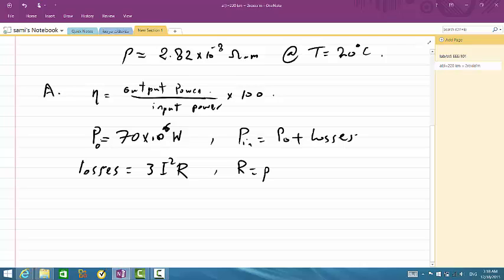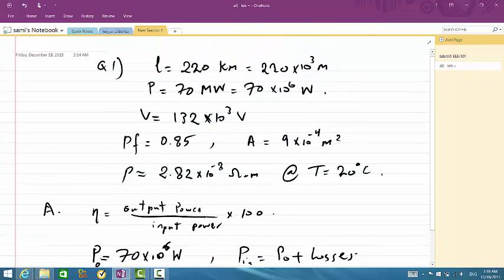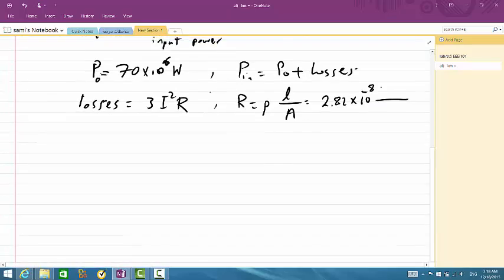R is rho, which is the resistivity, times L over A. Rho is 2.82 times 10^-8, times the length of the wire, which is 220,000, divided by the cross-sectional area, which is 9 times 10^-4.